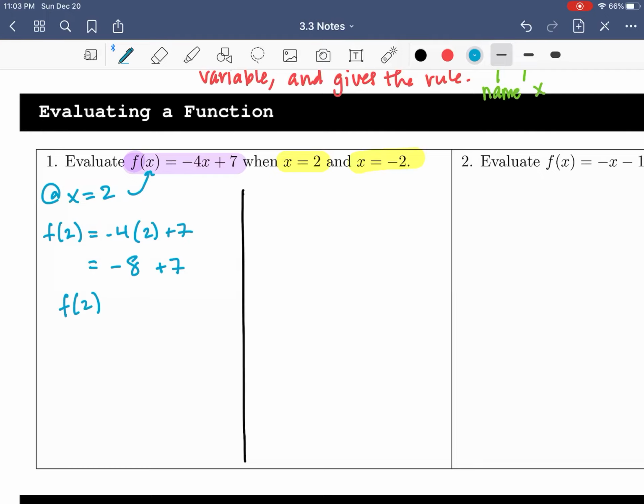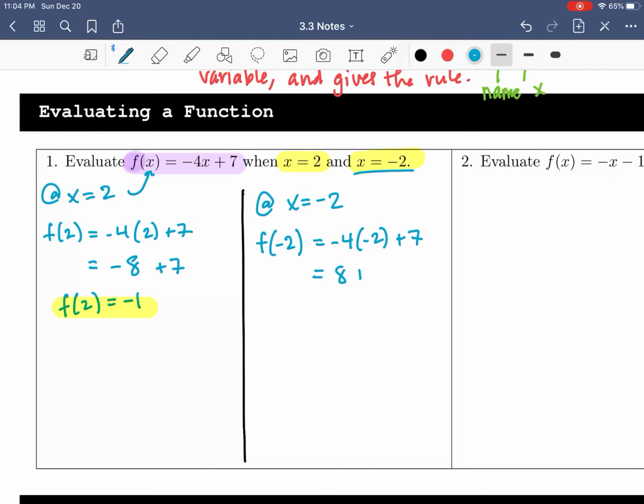So f of 2 equals -1. There's one of my answers. But at x equals -2, that was the second input we were going to try. When I plug that in, I'll have f of -2 equals -4 times -2 plus 7.